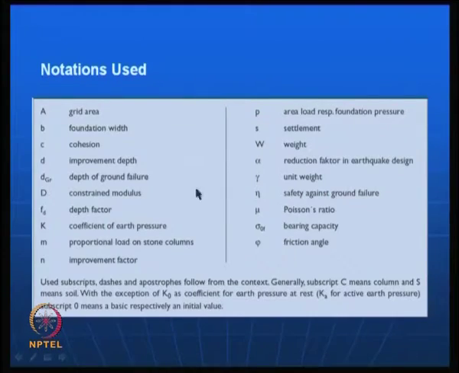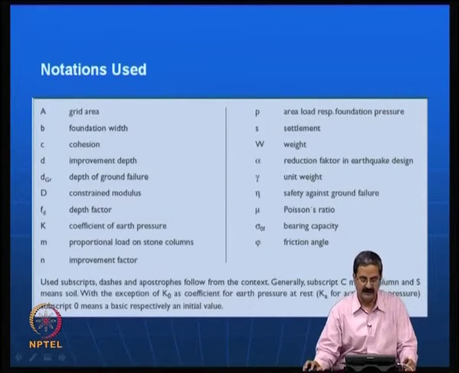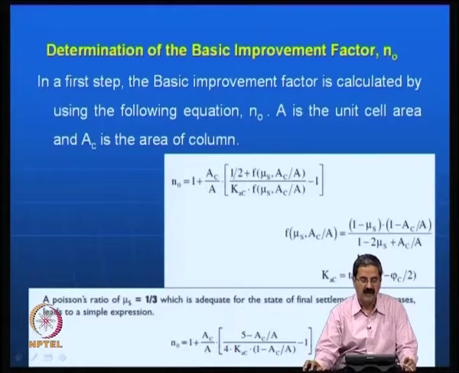You will see that it has a number of parameters: grid area, foundation width, cohesion, improvement depth, depth of the ground failure, constraint modulus, depth factor, coefficient of earth pressure, proportional load on the stone columns, which we just discussed, improvement factors, settlements. All these factors are there. And we call one term the basic improvement factor, N naught.